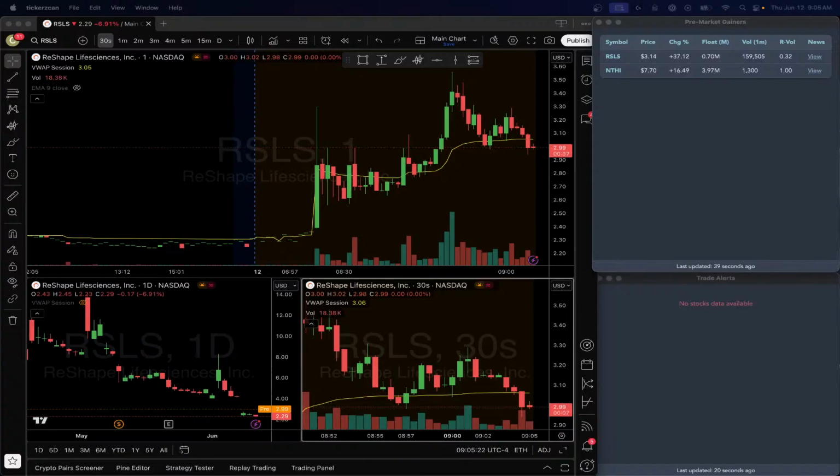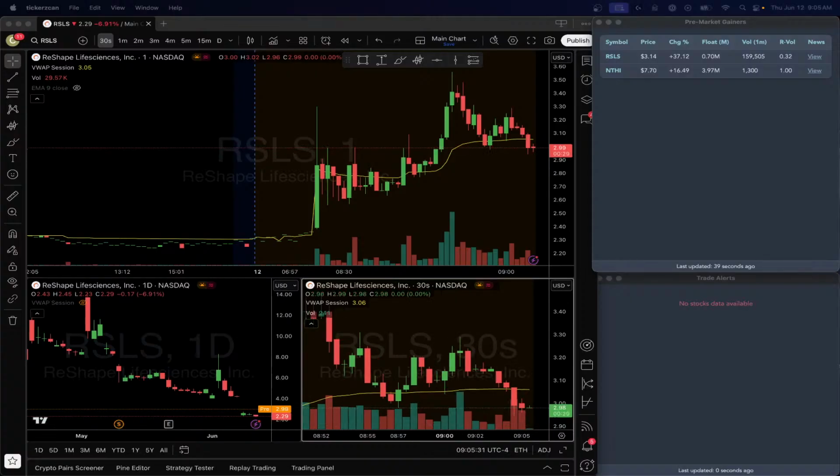Yeah, the RSLS made a lower high. It's below the VWAP. Maybe it'll regain it.